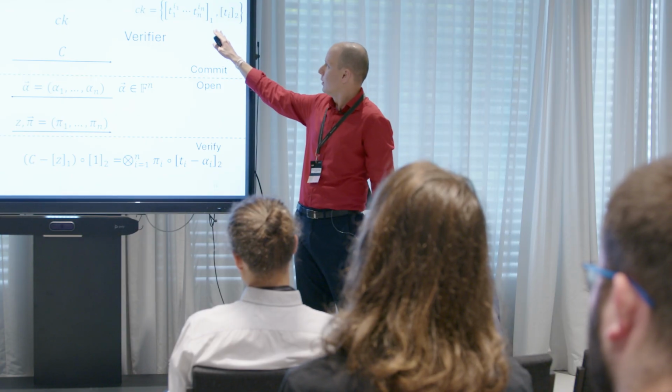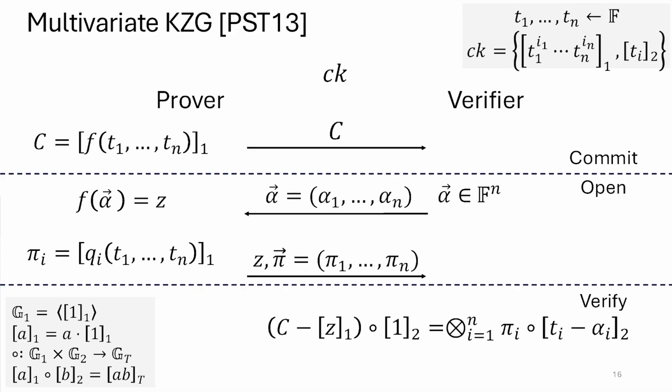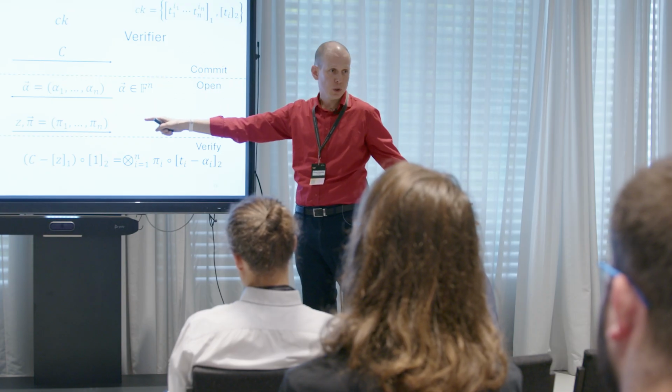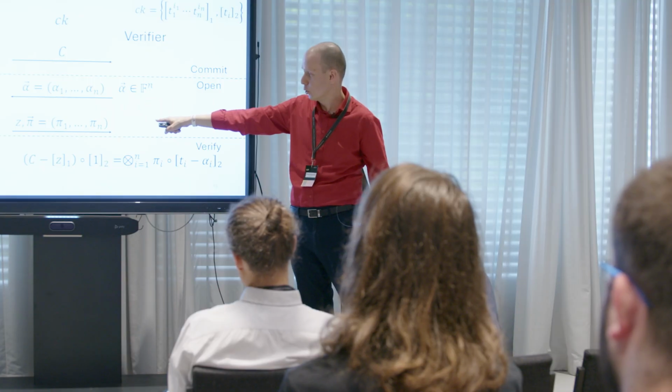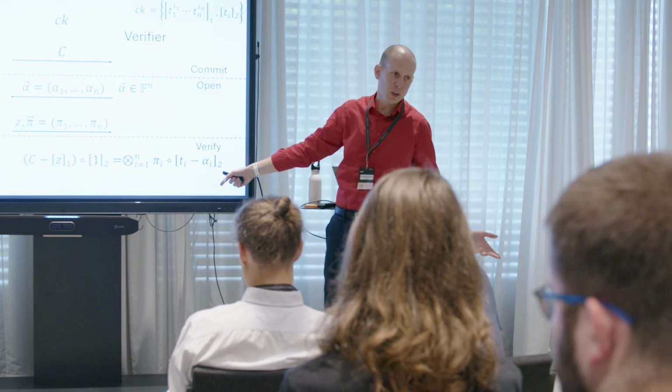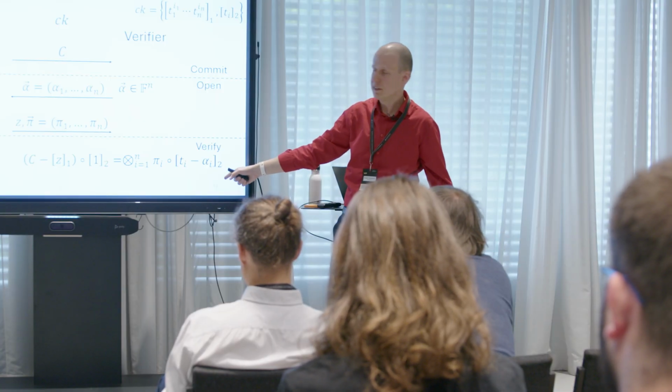You need a slightly different commitment key so that you can commit to multivariate polynomials. The same idea. Now the trapdoor: I have a trapdoor for each variable, and then you commit by computing the evaluation at the trapdoor and sending it. How do you prove? Well, you compute the quotients, give the group elements that correspond to the representations of the quotients, and you test a slightly more involved group identity.